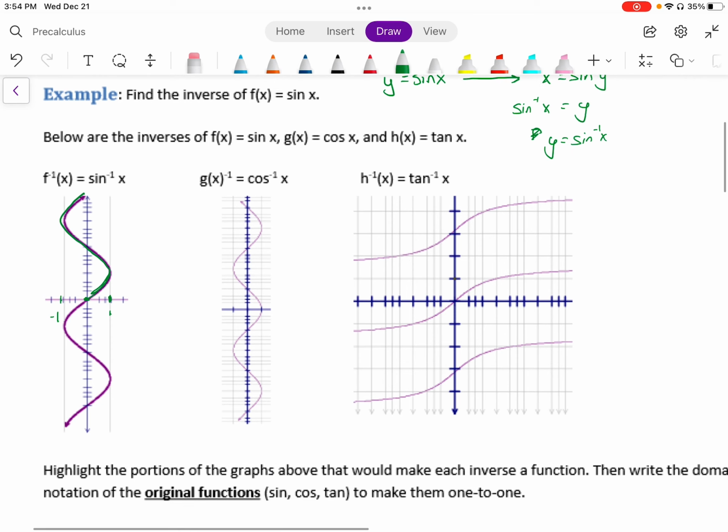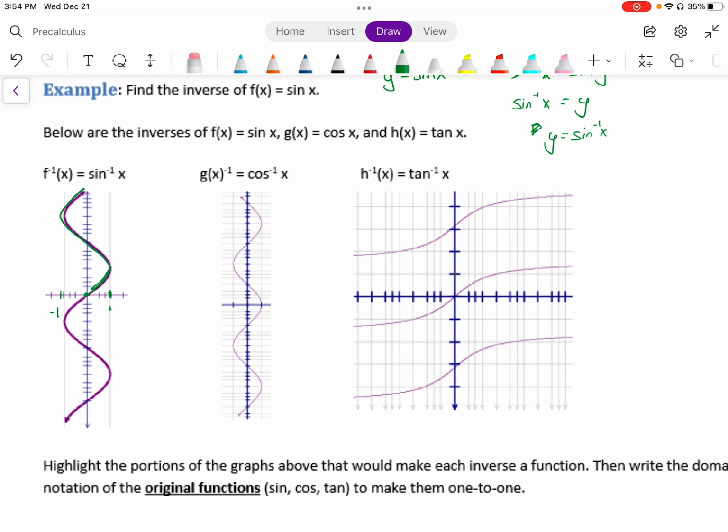Also, we can think we switched all of the x values and y values. Now, these are not functions because trig functions are not one-to-one. So what we're going to do, we're going to highlight the portions of the graph that would make each inverse a function. Now, there's different ways we can do this because this is a periodic function, so it keeps repeating over and over again.